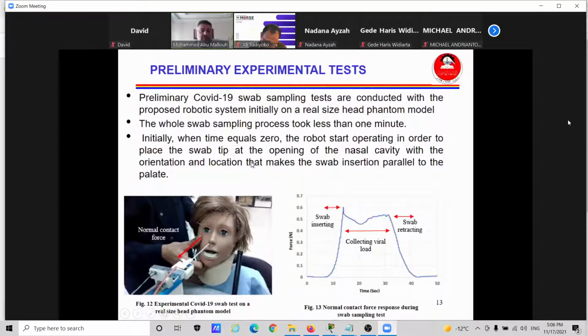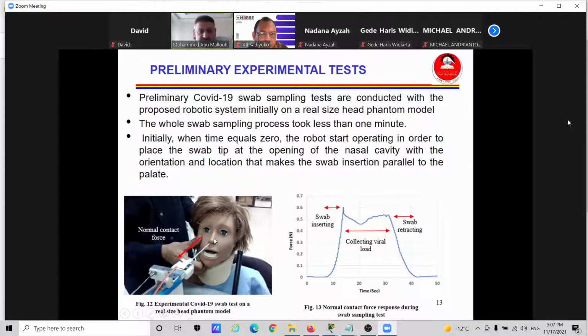So we conducted some preliminary experimental tests. What you see here on your left side is a real size head phantom model. We have it in the medical school in the university. It's a medical model in which the nasal cavity is similar to the real cavity in a human.